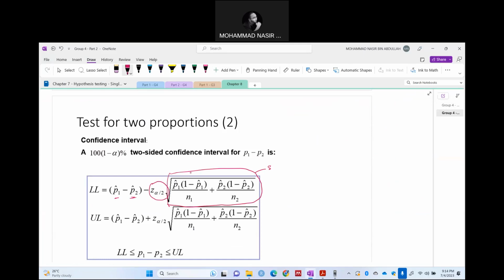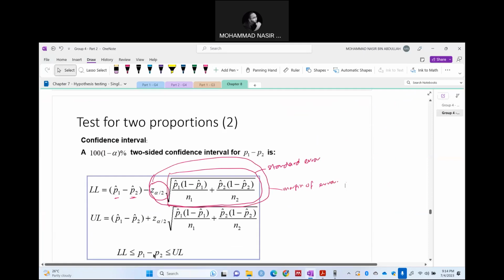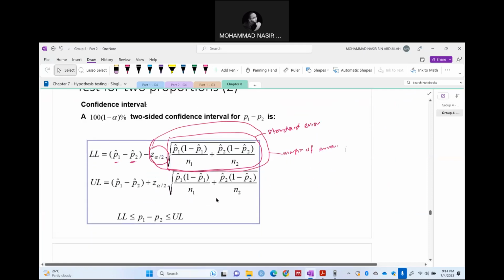This is the standard error. If you multiply with the critical value, it becomes the margin of error. So this is the confidence interval for the difference between two proportions.